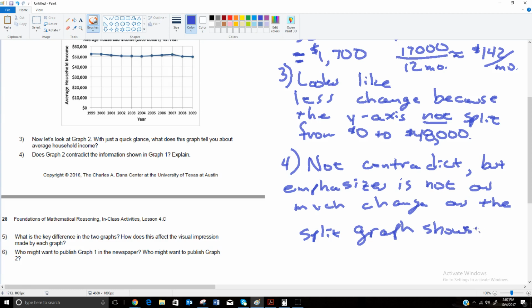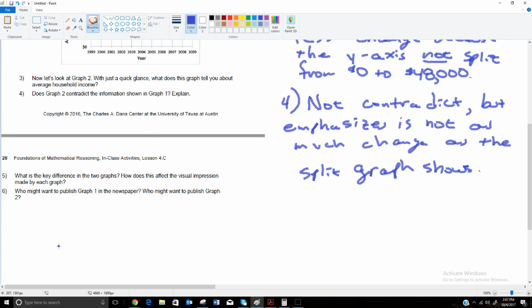Okay, so question 5 asks, what's the key difference between the two graphs? And we already discussed that. How does this affect the visual impression? So to summarize, the difference is that graph 1 has a split y-axis.